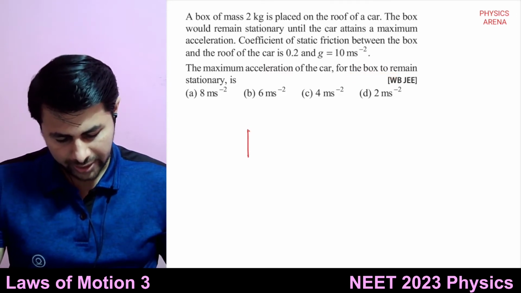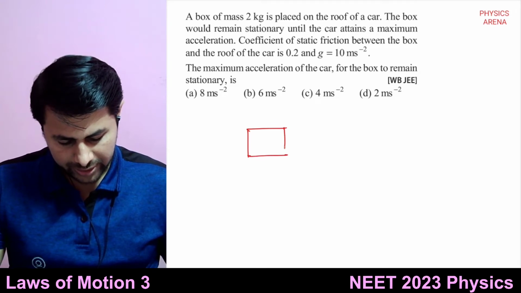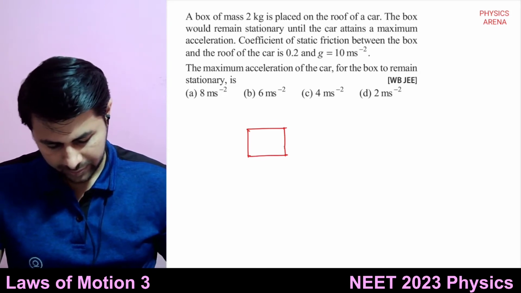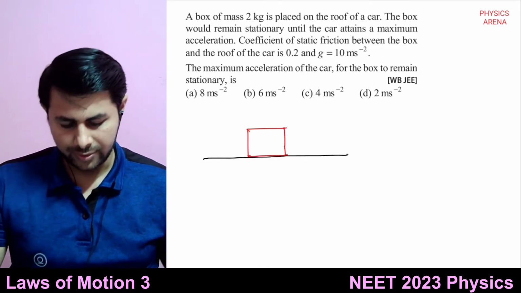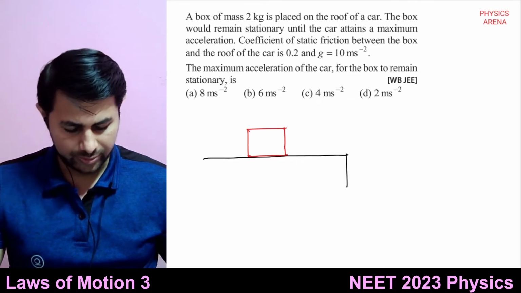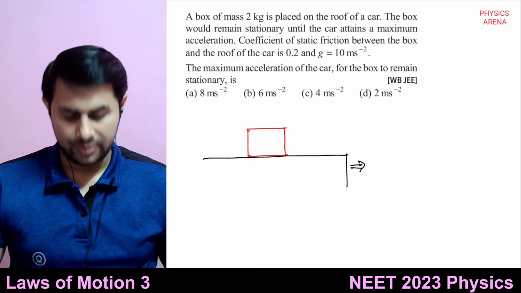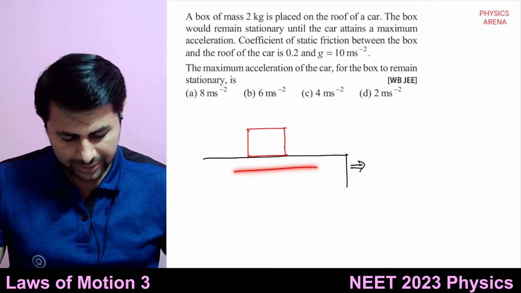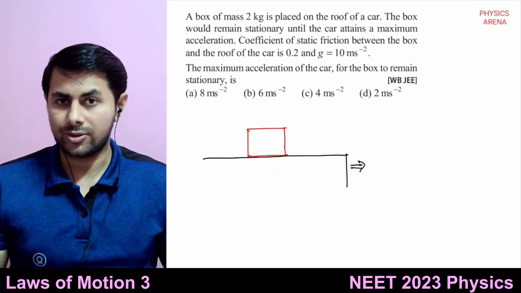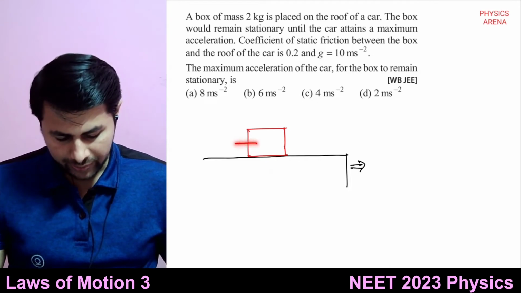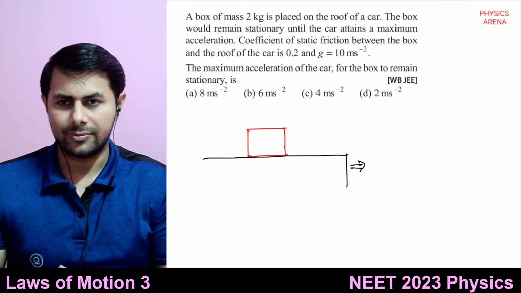So there is a box which is kept on a car. Let's suppose this is the car. This car will accelerate. So now when this car accelerates, what will happen to the box? It will tend to slide backwards.